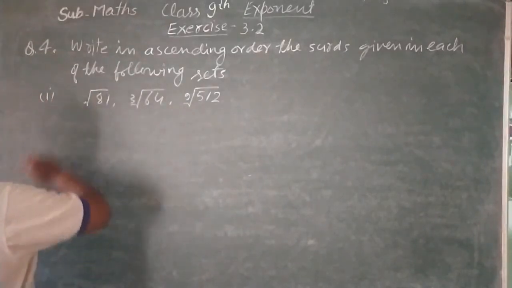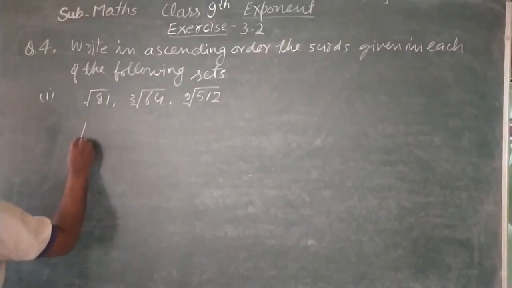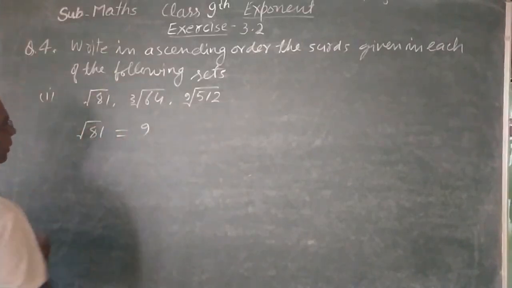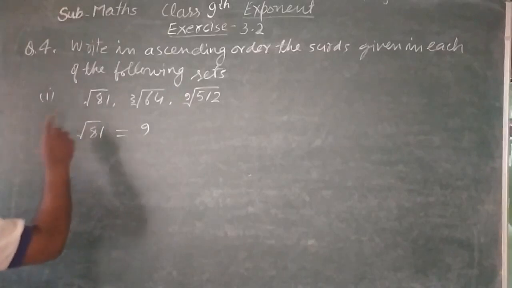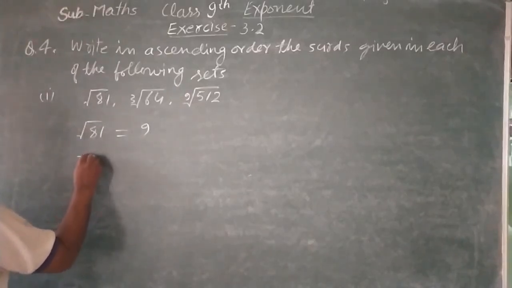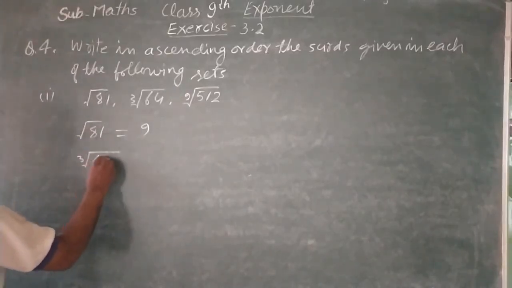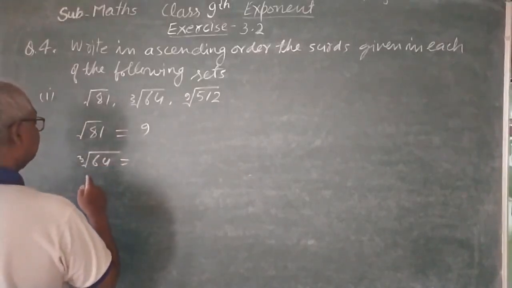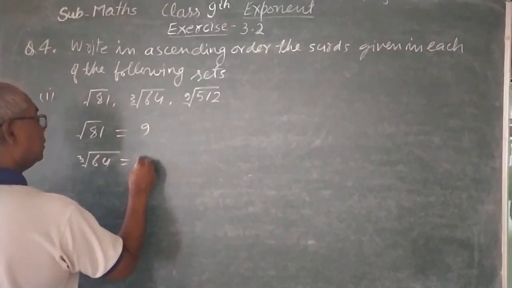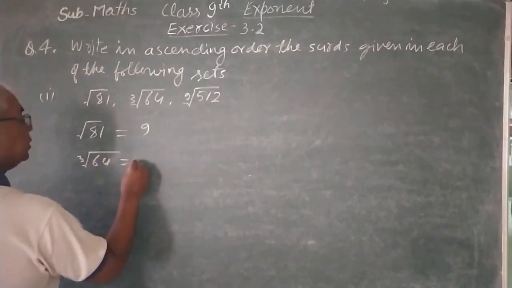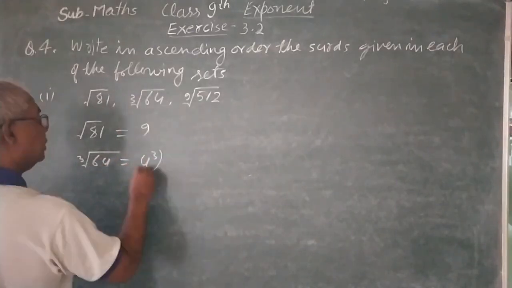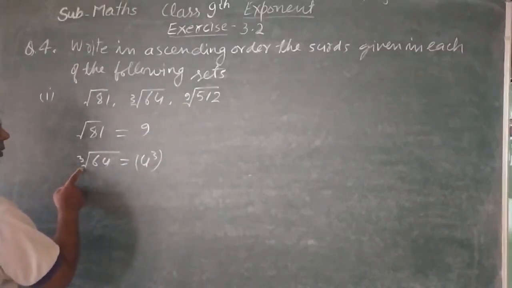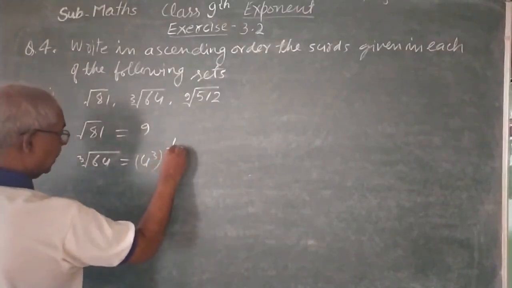How can we simplify? First one is under root of 81. As you know, under root of 81 is 9. It is very simple. Now the cube root of 64. It is 4 cube, so 64 means 4 cube, and the root power is cube root, so that is 1 by 3.